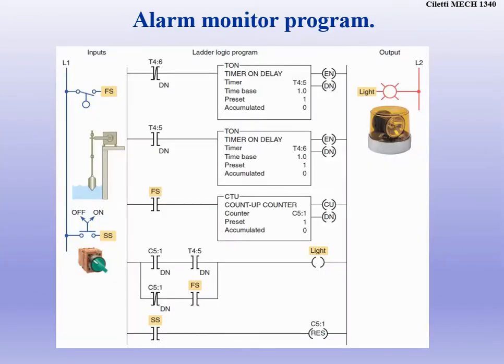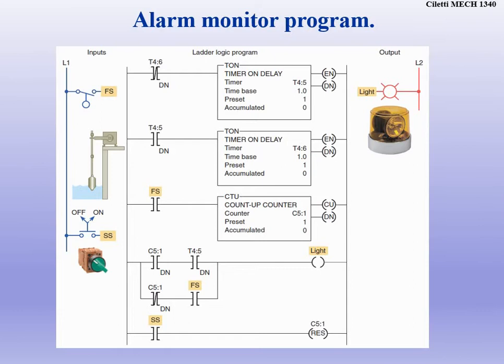You can use it to monitor an alarm. This here is a combination of doing counters with timers. So we can count how many times something has gone on fault, how many times a particular alarm's gone off for certain things, and that helps us troubleshoot.